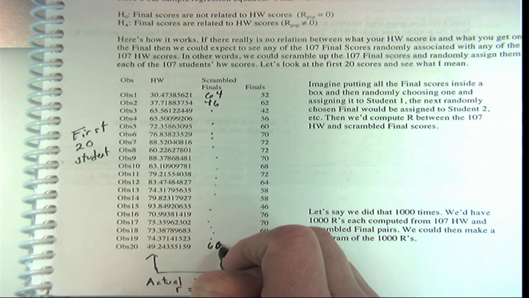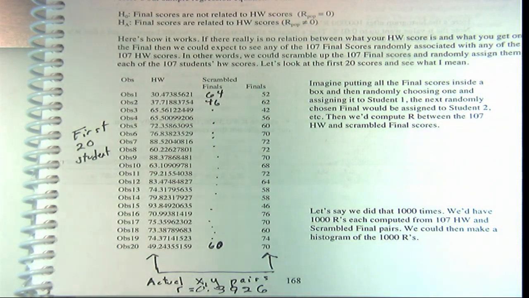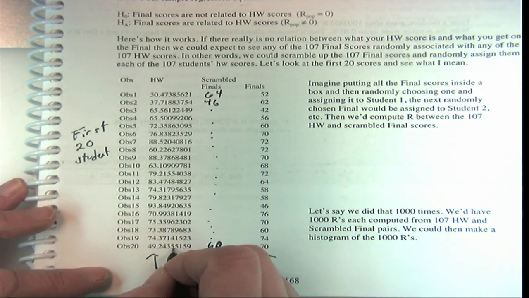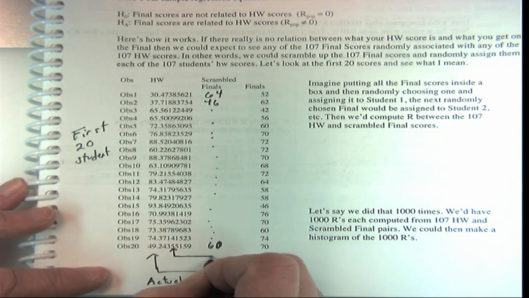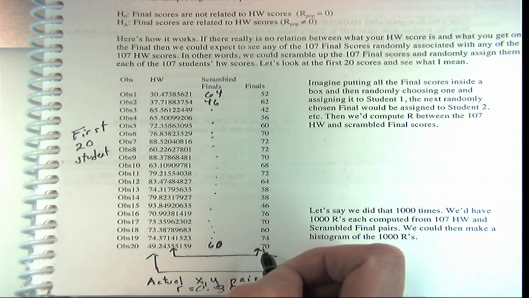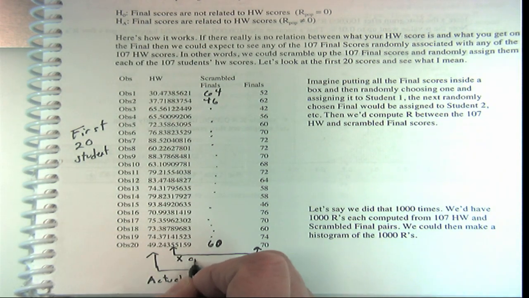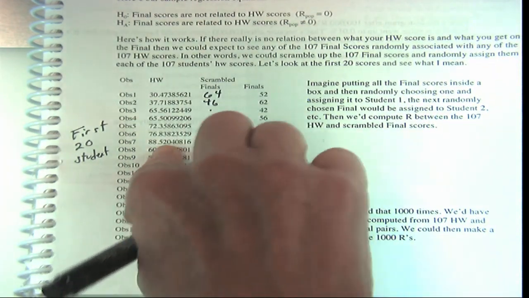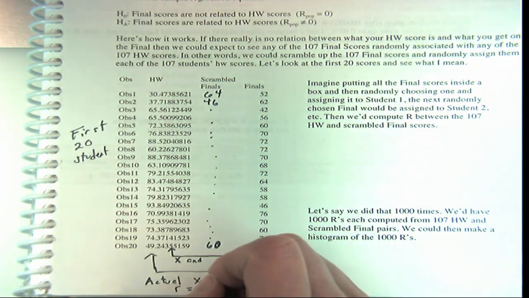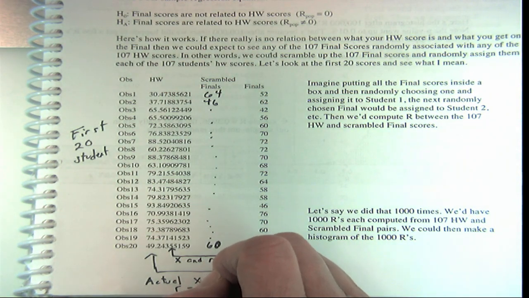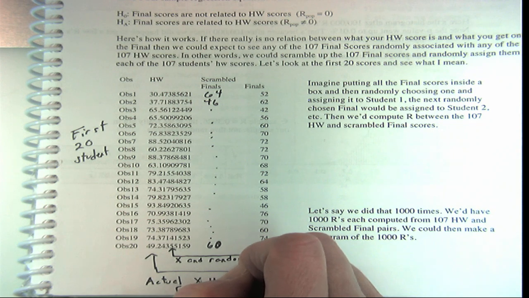So let's say it did that for all 107 people. So it has 107 of these. What are these? These right here are the X and randomly assigned Y, scrambled Y. Okay?